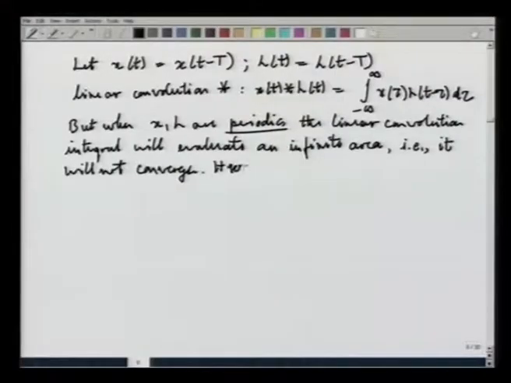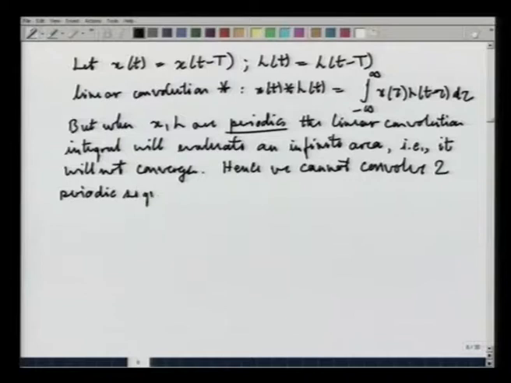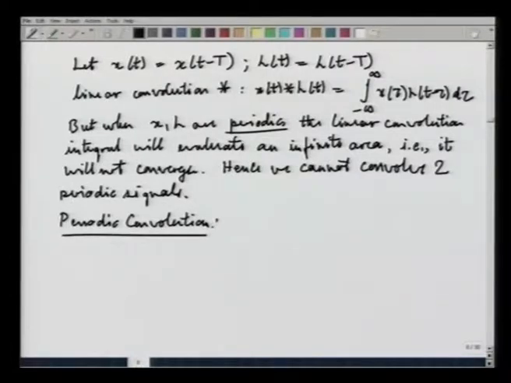Hence, carrying out a linear convolution of two periodic signals is out of the question. We cannot convolve two periodic signals. What we therefore introduce is something called periodic convolution. This is applied between two signals, both of which must be periodic.